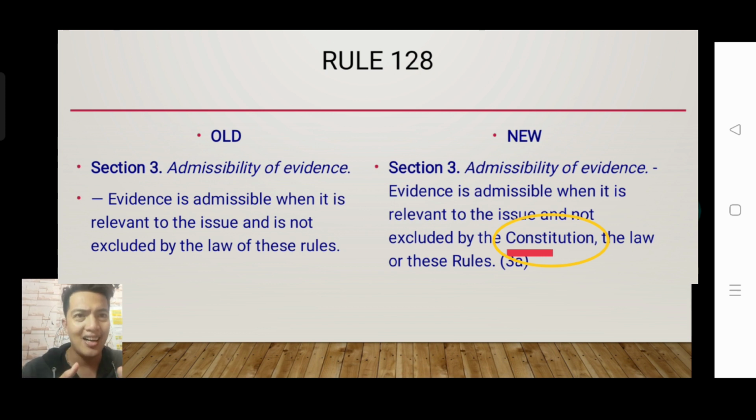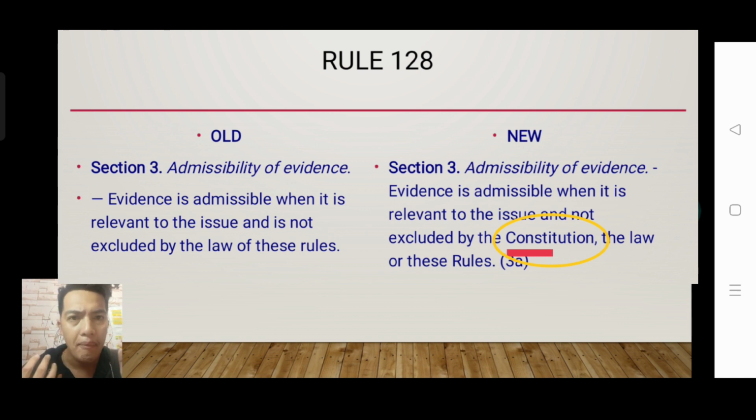Is the evidence acquired through wiretap and the overheard conversation of those persons involved in the commission of the crime relevant to the fact in issue? Yes, that is relevant. However, it is not admitted as evidence because it is excluded by the Constitution or by law.